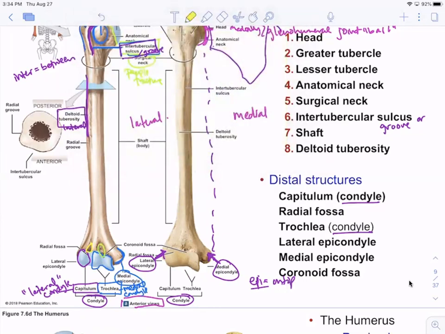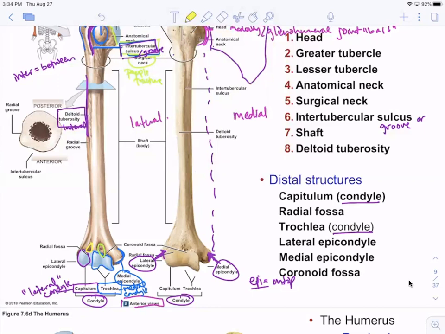And those fossas are indentations where the ulnar bone and the radial bone, so the head of the radius and the coronoid process of the ulnar bone, go when you're in full flexion, when you bring your antebrachial area or your lower arm all the way up towards your brachium or your upper arm.